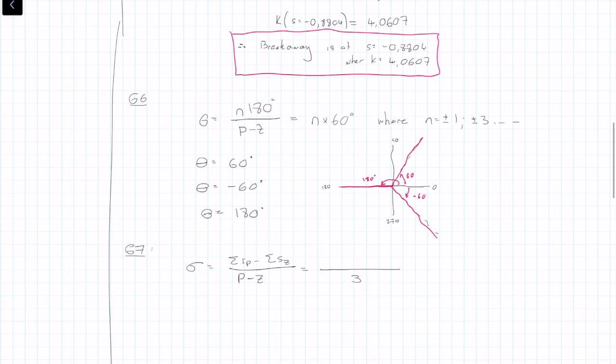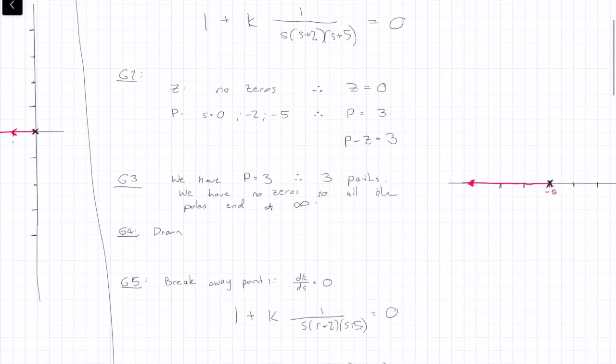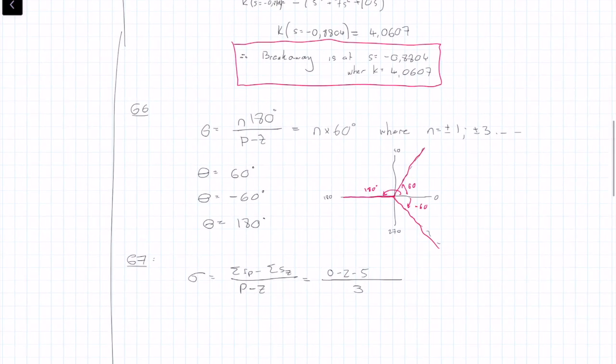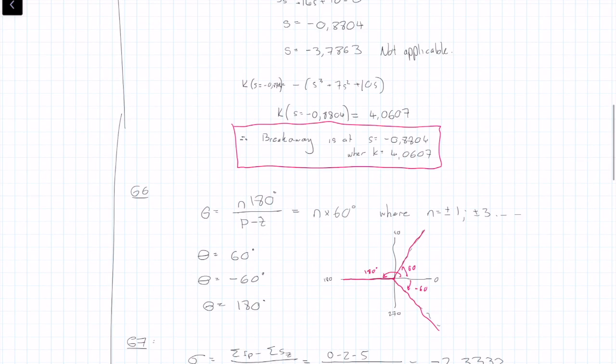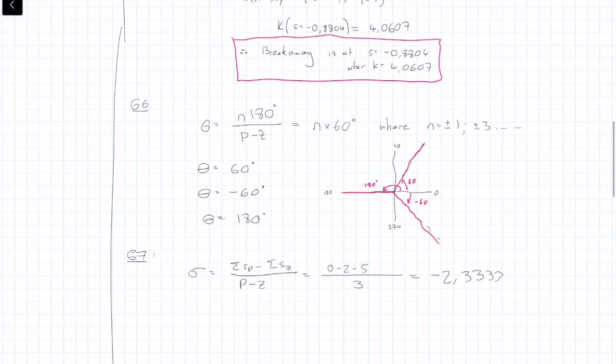So we have 0, minus 2, minus 5, minus 0, basically because we have no zeros. So we get minus 7 over 3, which is minus 2.333, recurring. But we'll just go to 2 decimal places. So now we know where that lies.